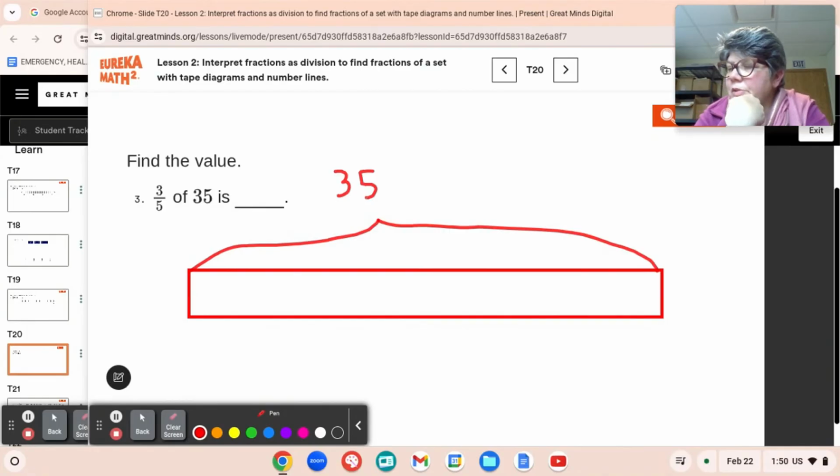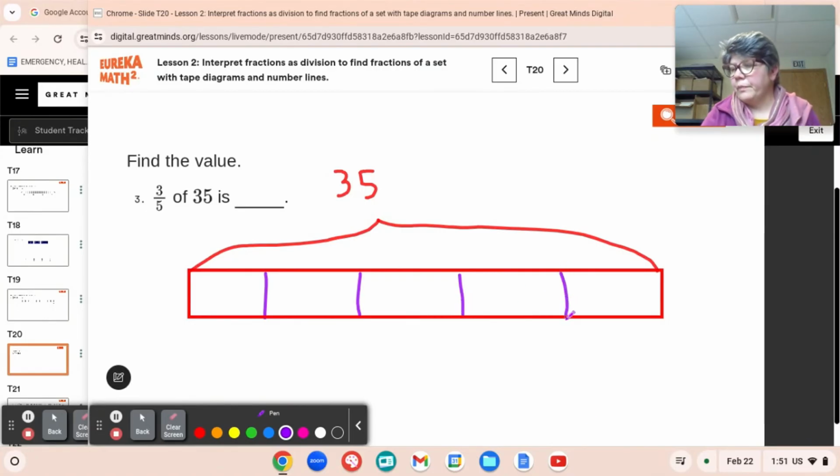Into how many units should we partition the tape? We're thinking about 3/5, so we need 5 groups, right? So we're going to make our tape into 5 groups. They are not going to be perfect. We're just going to draw 4 lines, which will make 5 groups.